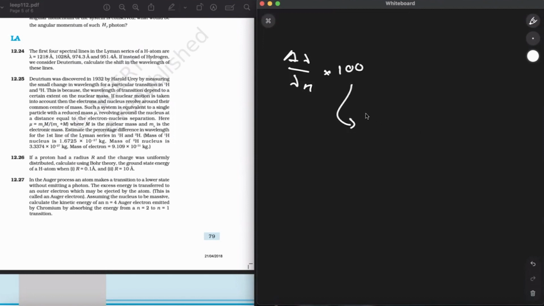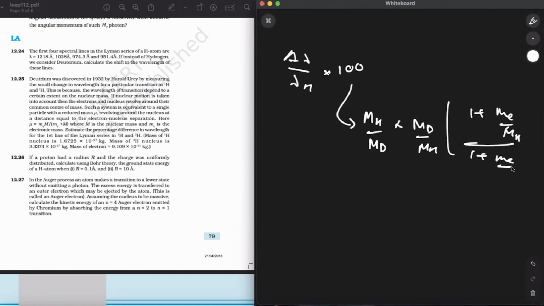I can write it as mh upon md into md upon mh, 1 plus me upon mh over 1 plus me upon md, minus 1, and the whole thing multiplied with 100.